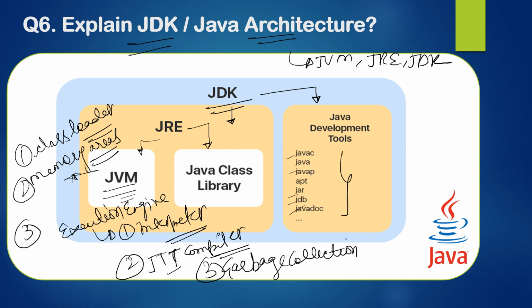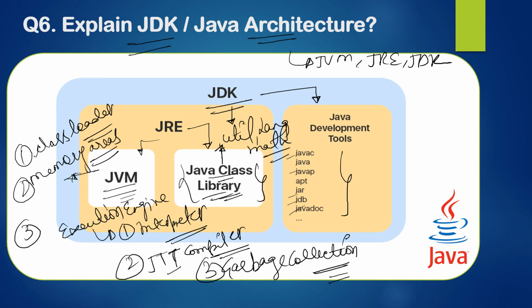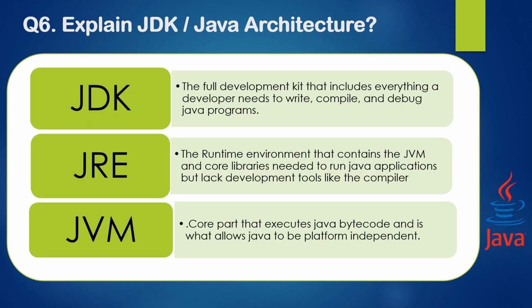Third we have the garbage collector or garbage collection feature, which is used to optimize the performance of the system. If I talk about Java class library, Java class libraries include libraries like util, lang, math. So what we have studied: JDK, Java Development Kit, is the full development kit that includes everything a developer needs from writing to compiling and debugging Java programs.